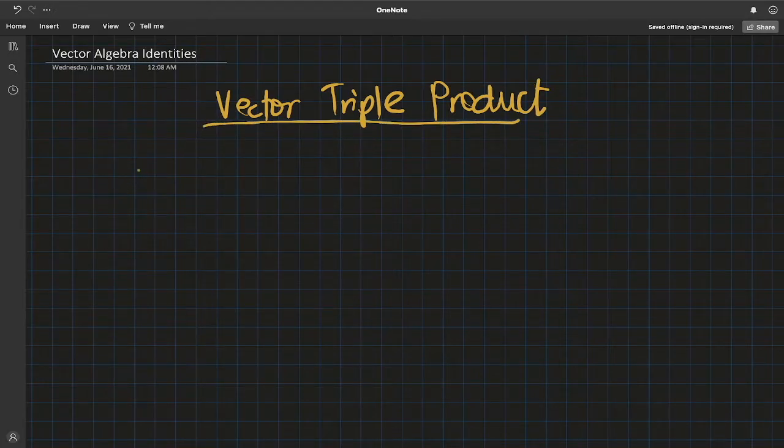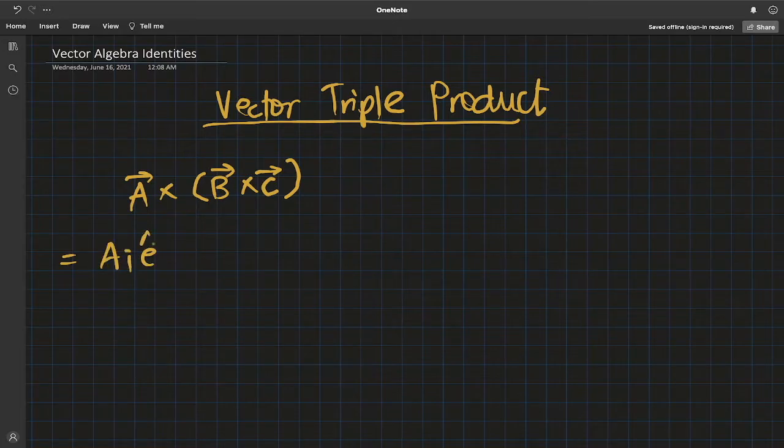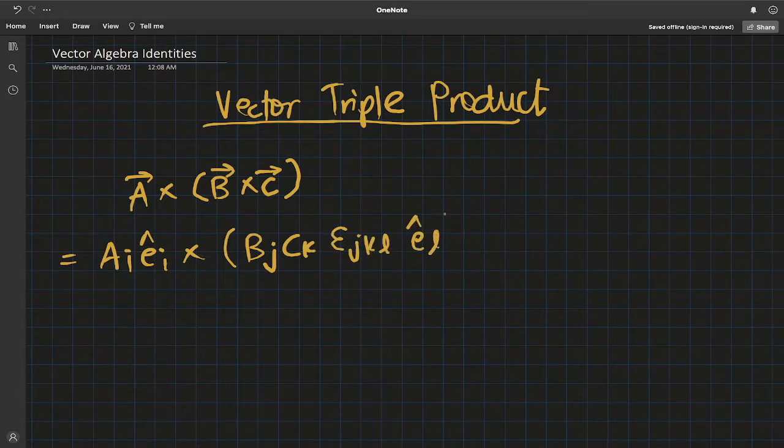Okay, consider three vectors A, B, C. Consider this structure: A crossed with B cross C. Again, subscript summation convention is the first thing we will resort to. Crossed with, now this guy I'm going to write directly as B_j C_k epsilon_jkl e_l hat.